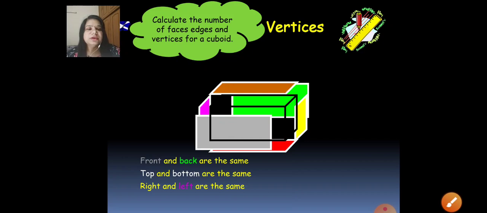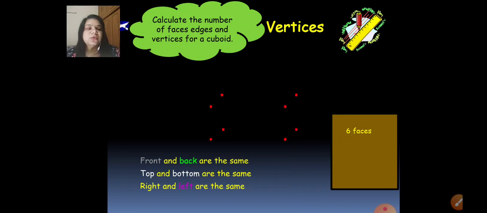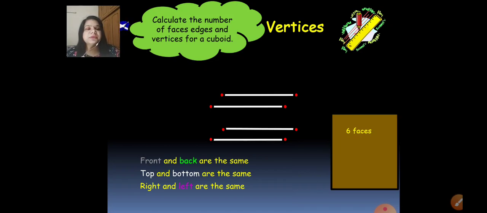So till now there are how many faces? There are 6 faces. Okay, so let's count the number of vertices also. You have seen in the previous picture, these are the 4 dots with which the cuboid was made. So these are 8 vertices. And connecting these, the faces were connected with line segments. So just count the edges.